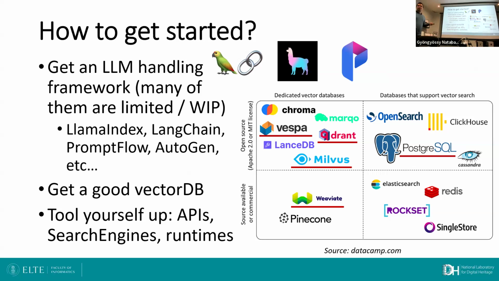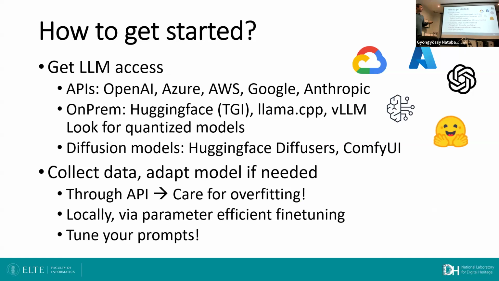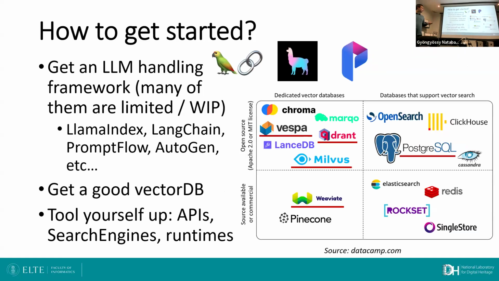So these are the vector databases you can construct your data sets in if you want to do it in-house. Cohere should have an API as well. Yeah, I just didn't list it. Sorry.